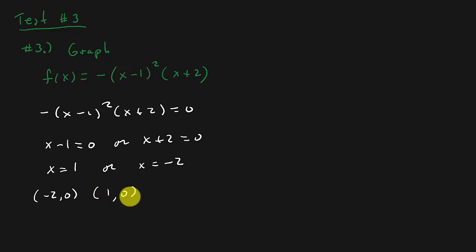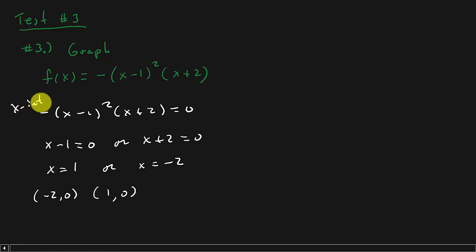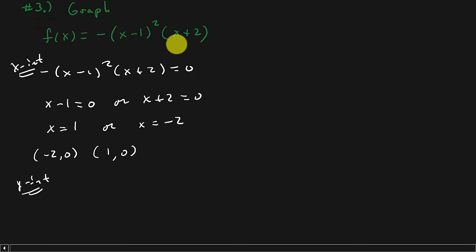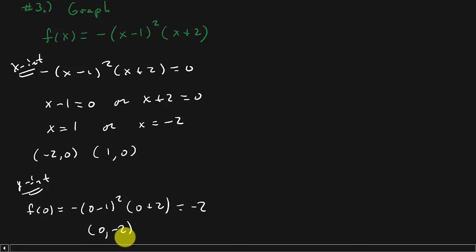Now, if we look at the y-intercept, we plug 0 in for x. So we get f of 0 is equal to negative (0 minus 1) squared times (0 plus 2), and this is going to give us negative 2. So we've got a y-intercept at (0, negative 2).